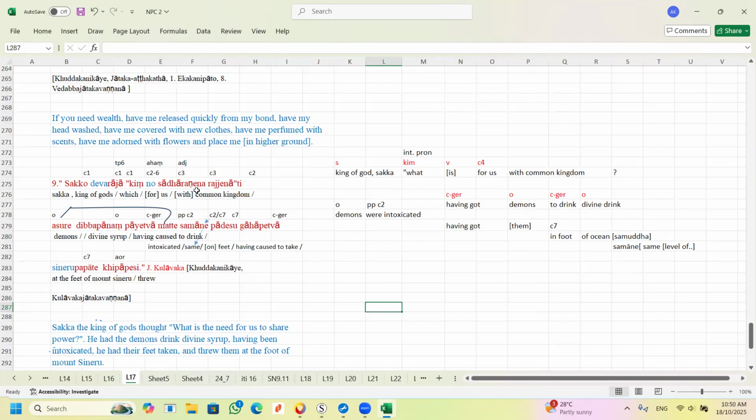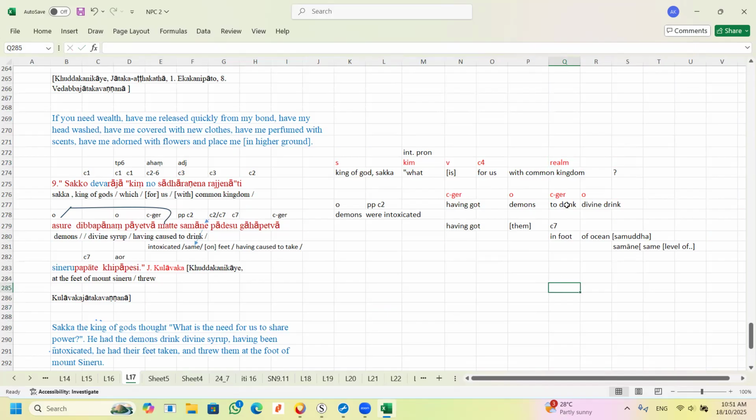In this case, you know that originally the asura and the deva stayed in the same realm. So the word common kingdom, because Raja is kingdom, so it's a common realm.